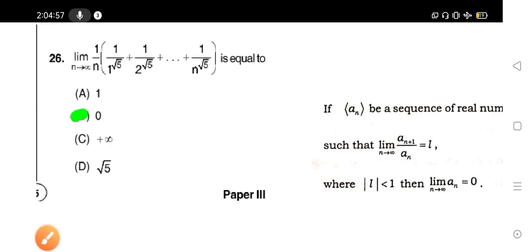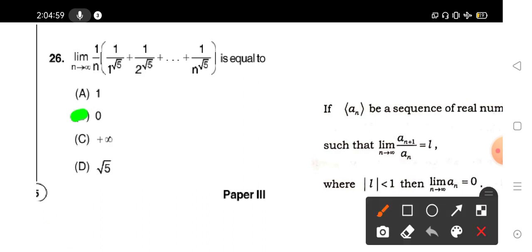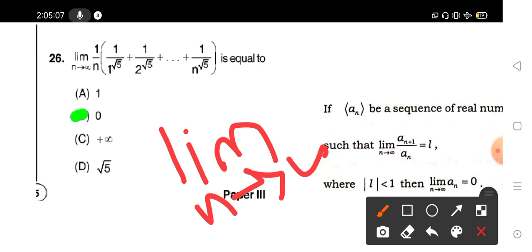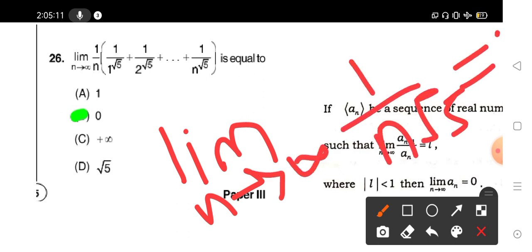Here, limit as n tends to infinity of 1 upon n raised to root 5 equals 0. Therefore option B is correct.